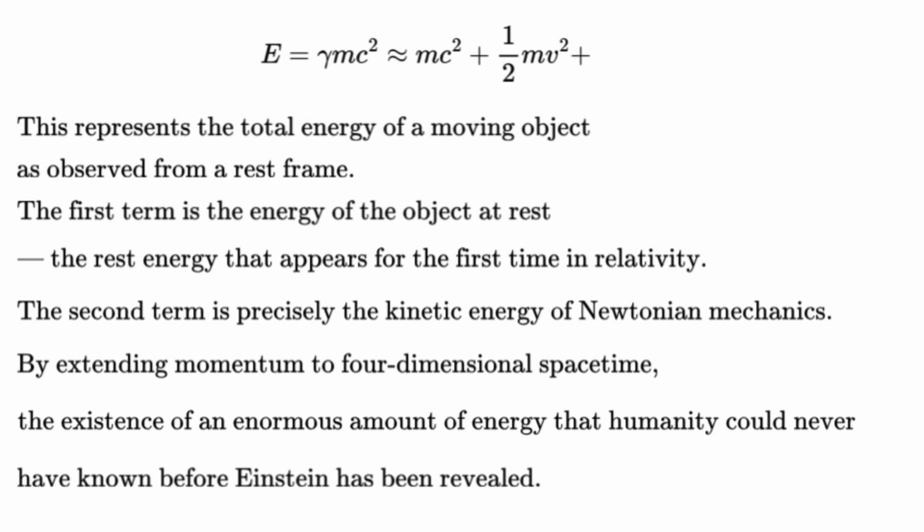This represents the total energy of a moving object as observed from a rest frame. The first term is the energy of the object at rest, the rest energy that appears for the first time in relativity. The second term is precisely the kinetic energy of Newtonian mechanics.